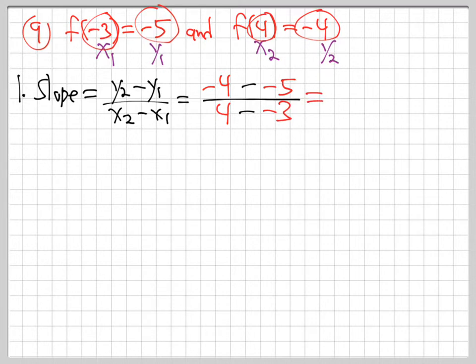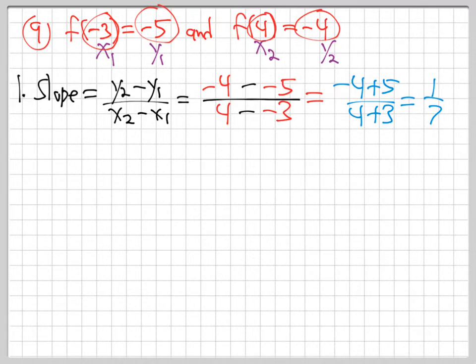Yeah, so we get the double negative stuff, don't we? So that becomes -4 plus 5 over 4 plus 3, 1/7. Then don't divide that. Don't get a decimal. Just leave it just like it is. That's your slope, 1/7. That'll work great.